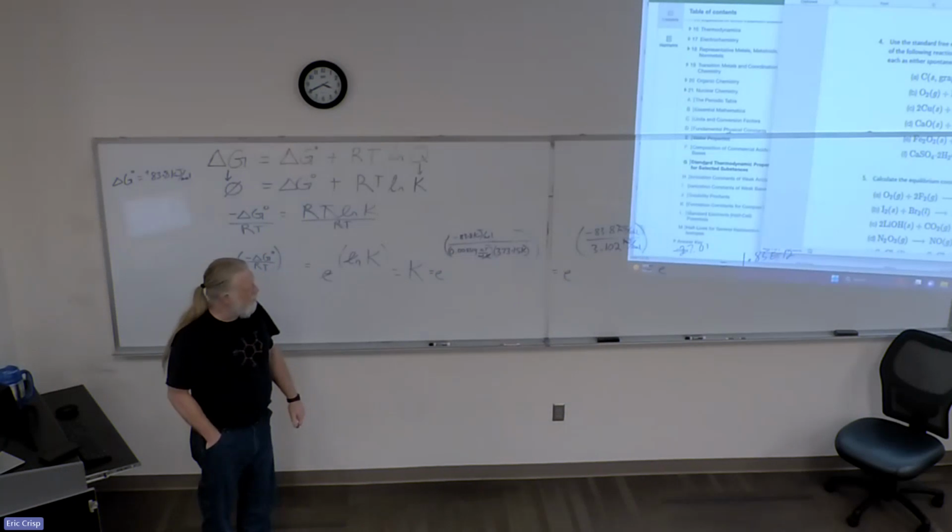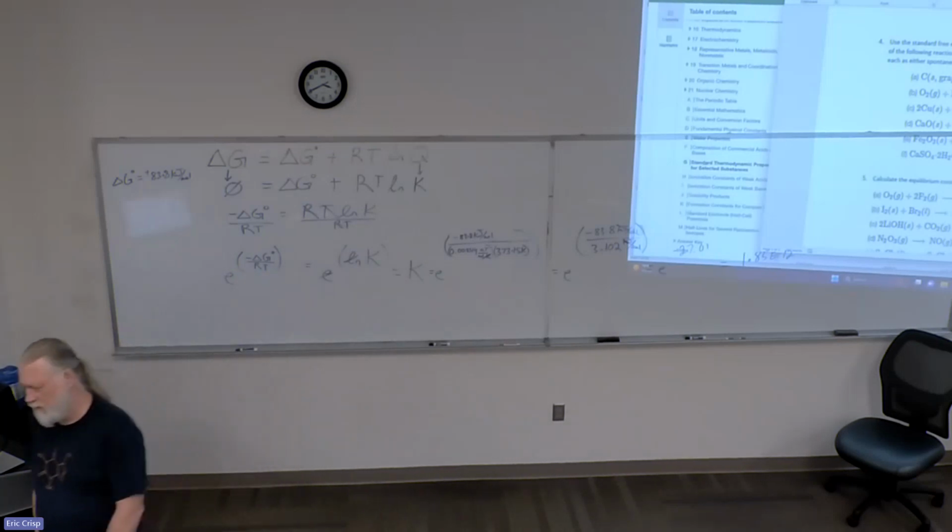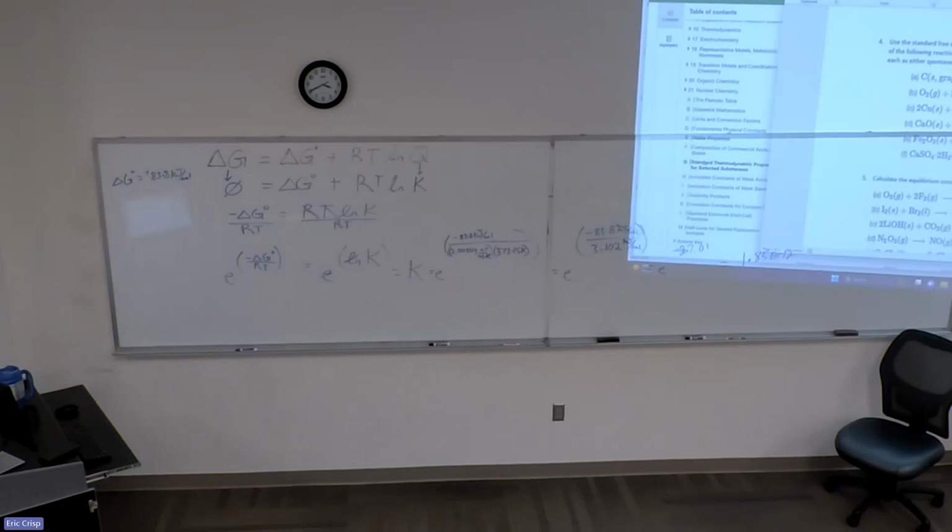As you increase the temperature, you're going to get a smaller value up top, so you'll get a little closer to e to the 0. So this one would be very temperature dependent, and you could increase your products by heating your reaction.